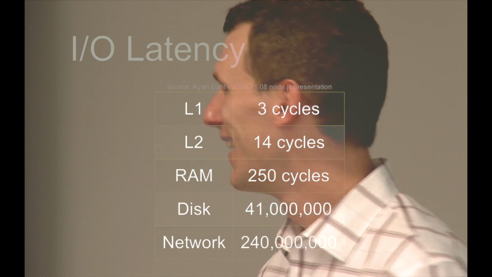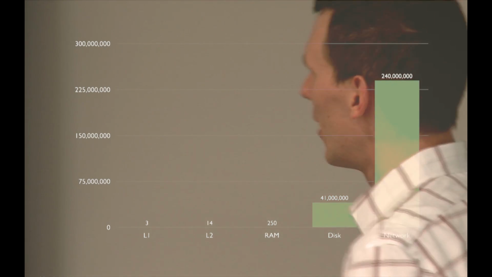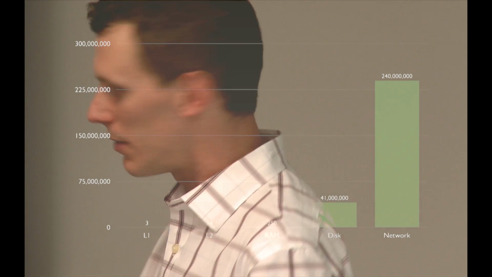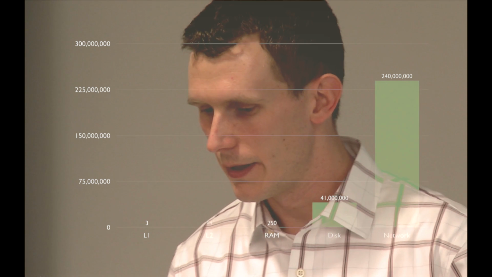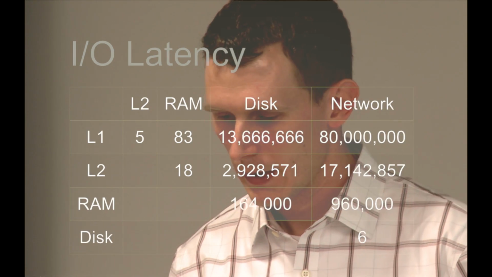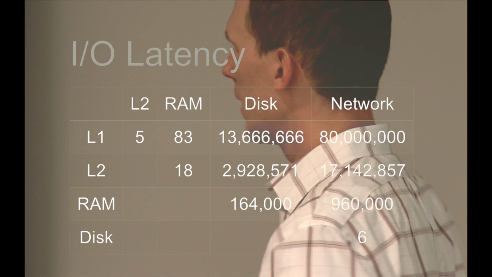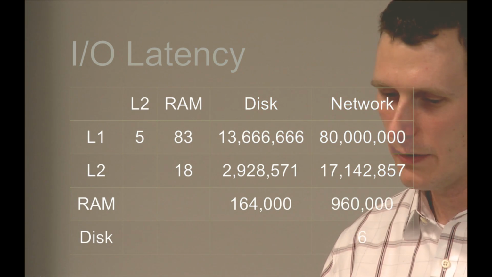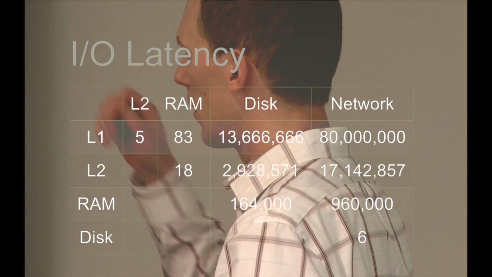Yes. So generally what I would say is you never actually create a table when you can create a chart. So here's the chart version of that. Although I don't think it's quite as useful because you can't even see the L1, L2, or RAM because the magnitude of the disk and network are so large. So when you look at it a different way, if you look along the left-hand side, those operations compared to the top ones, how much faster are the ones on the left than across the top?